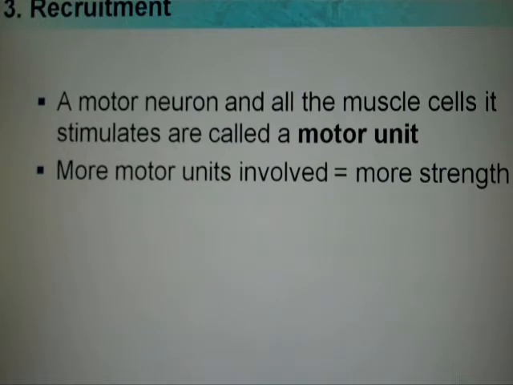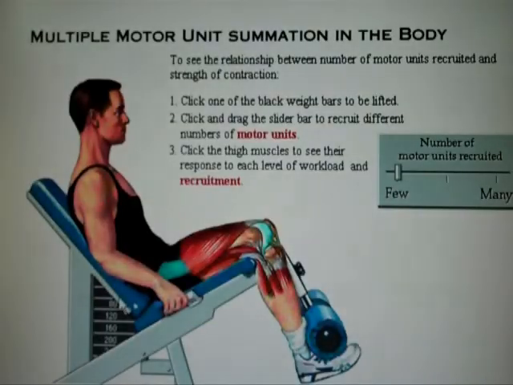So when you bend your arm up to scratch your ear, your whole bicep contracts. But it's only a few motor units that are causing that contraction. When you're curling 50 pounds, you're going to be using a lot of motor units, but your whole bicep is being contracted. So let's see how that works.